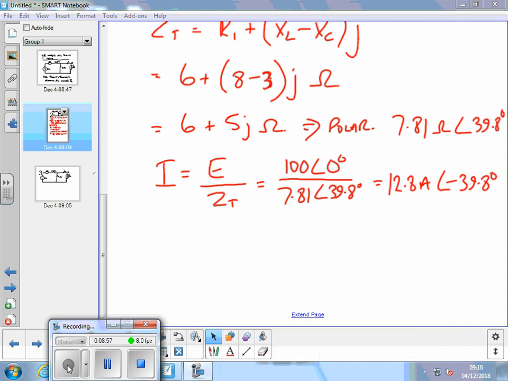How can I do a check on that as to whether it looks right? CIVIL, yeah. What type of circuit is it? Inductive, and we know that because the overall J term is positive. So we're expecting an inductive circuit, where current lags voltage, which is why we've got a negative angle with the current. So the CIVIL check is as expected in this case.